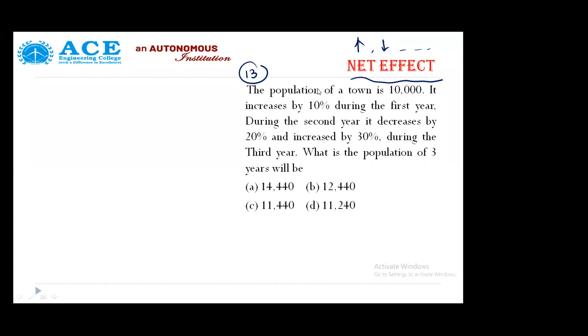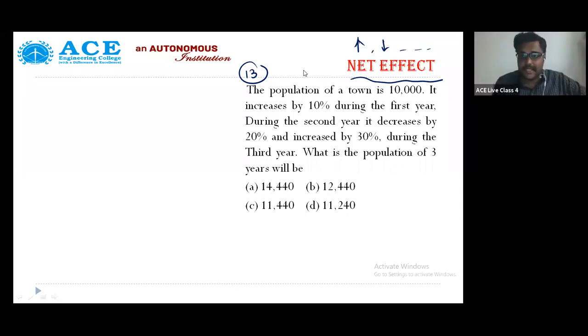This question is very easy. Population of a town is 10,000. It increases by 10% during the first year. During the second year, it decreases by 20%, and increases by 30% in the third year.